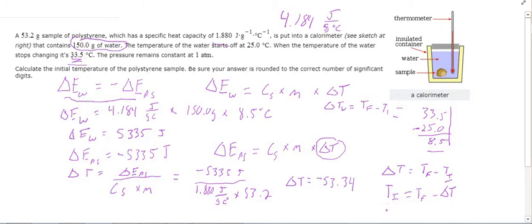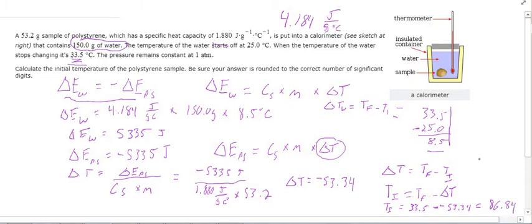So T initial equals 33.5 minus a negative 53.34. When I do that math, I should get 86.84. Okay, so I got my T initial.